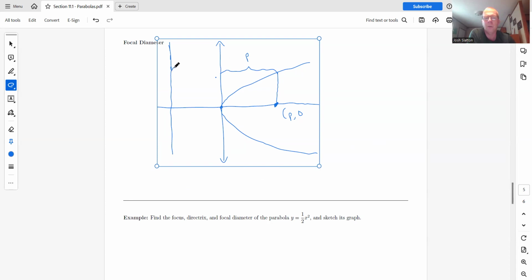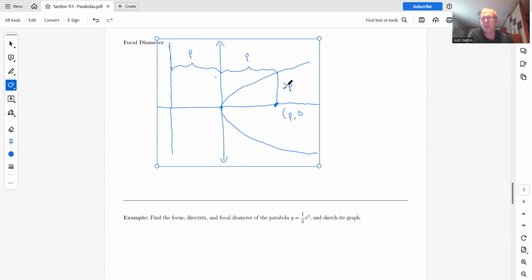And then of course, from the directrix to the vertex, the horizontal distance would also be p. And so we also know, from the definition of the parabola, that from any point on the parabola, the distance to the directrix is the same as the distance to the focus. Of course this picture doesn't work exactly because I hand drew it.